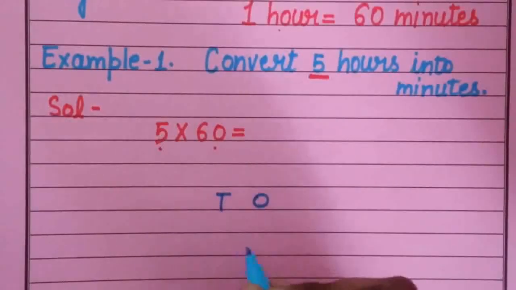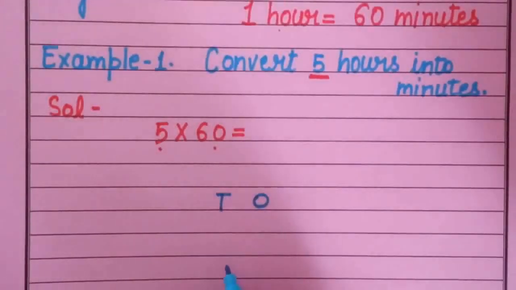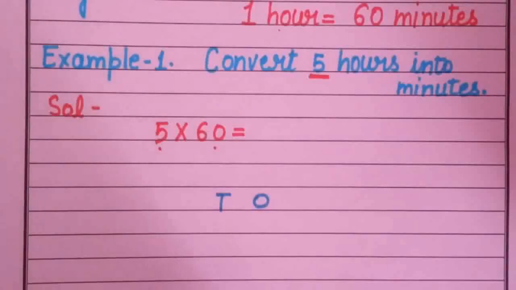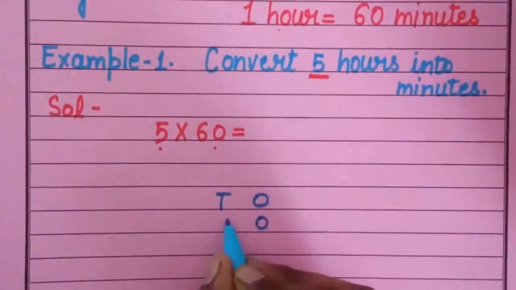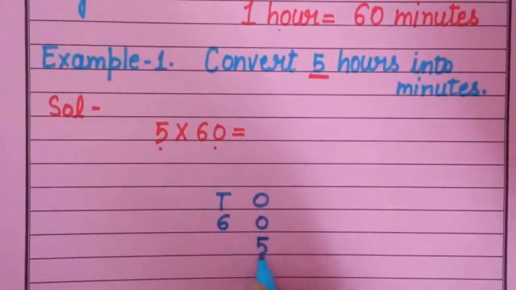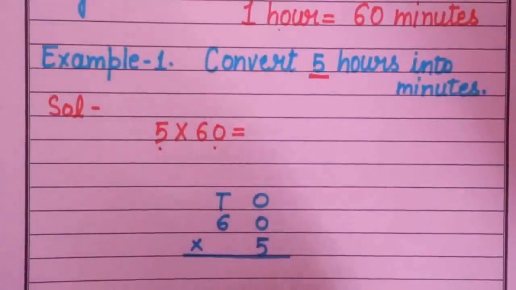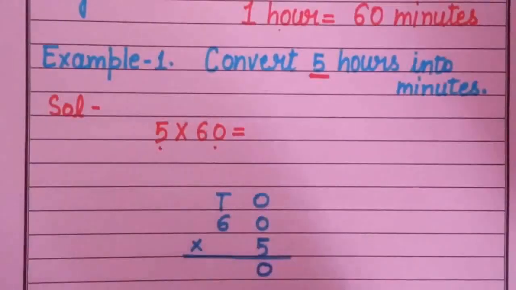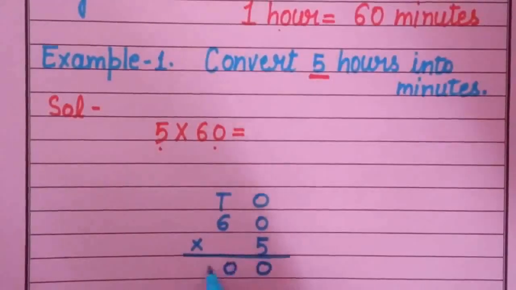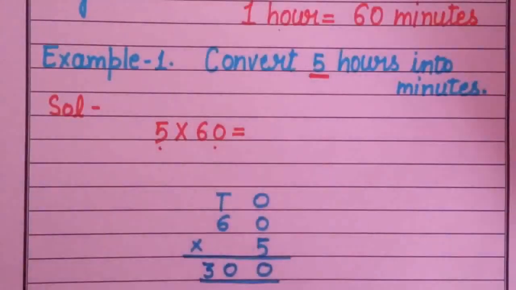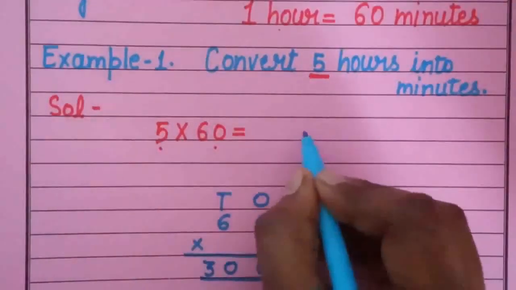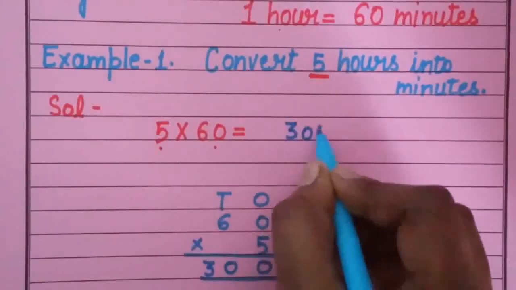I don't think it's needed to tell you, you all know a 2-digit number has 2 places. 60 multiplied by 5. 5 multiplied by 0 is equal to 0. 5 6s are 30. The answer is 300. That's why here the answer would be 300 minutes.